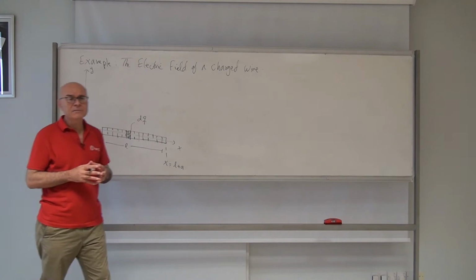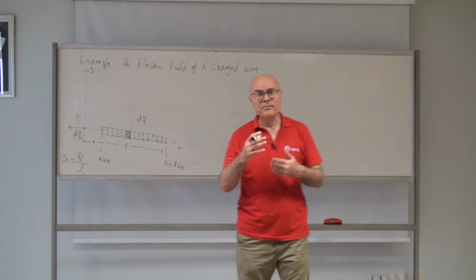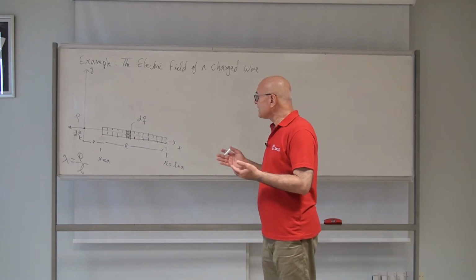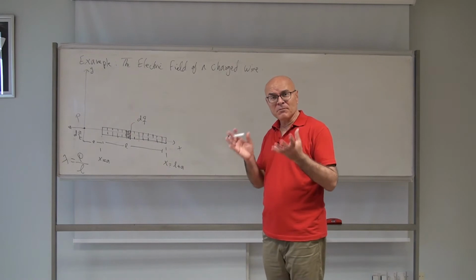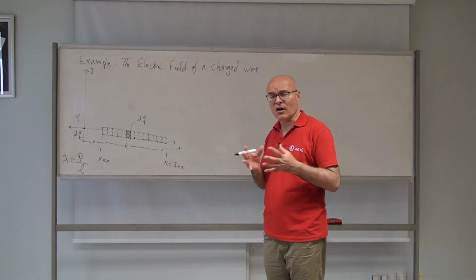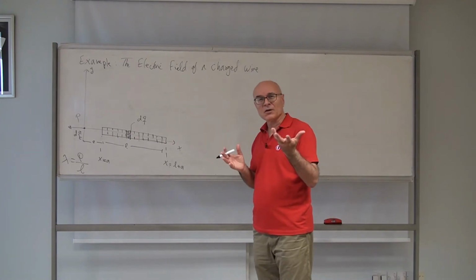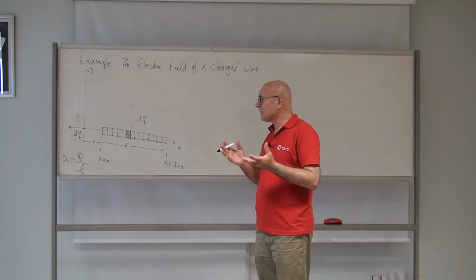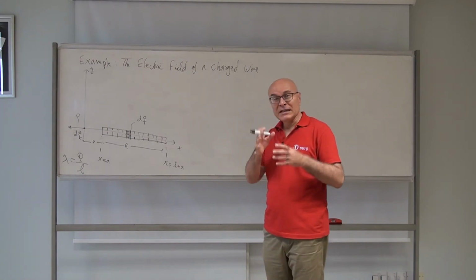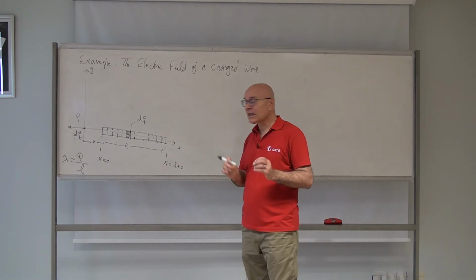The second thing is you try to see what happens before doing calculations. You can do some qualitative arguments to get an idea about how your answer will look, or what will be the general features of the electric field that you will end up with, even before doing calculations.